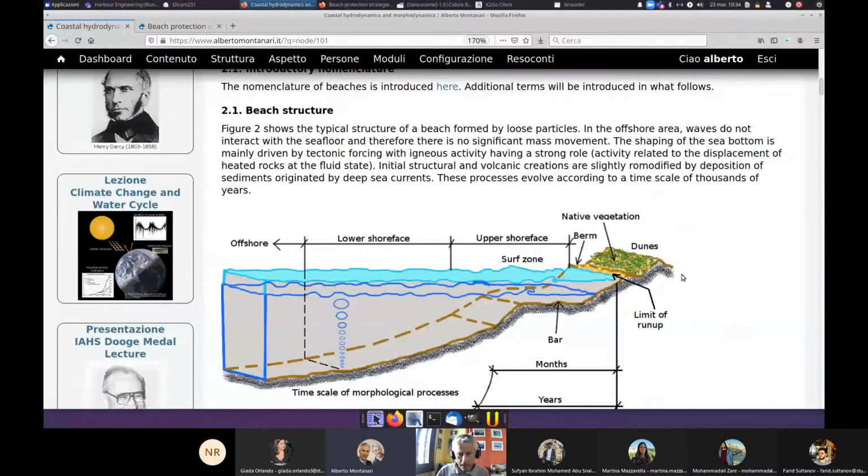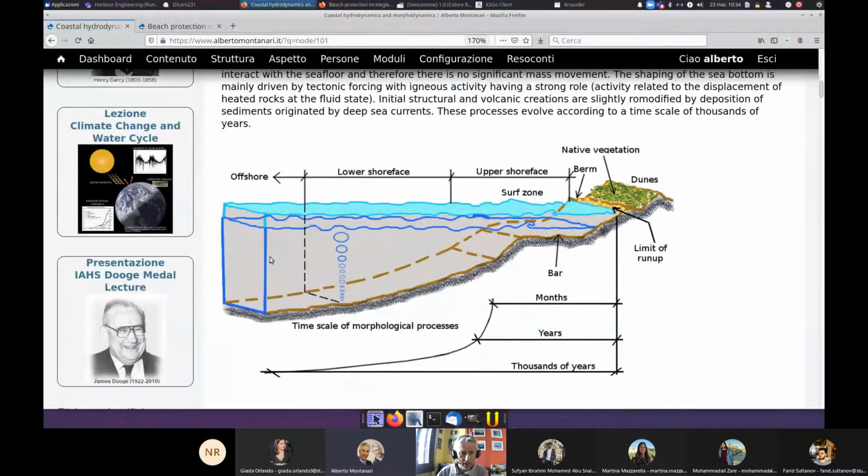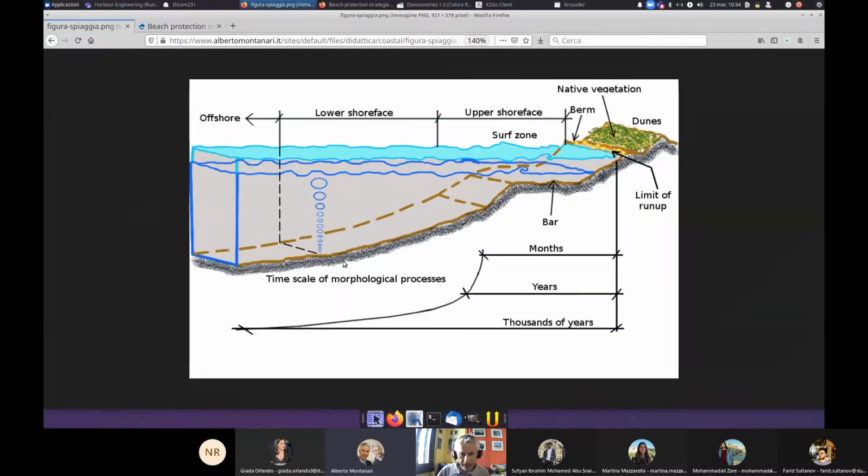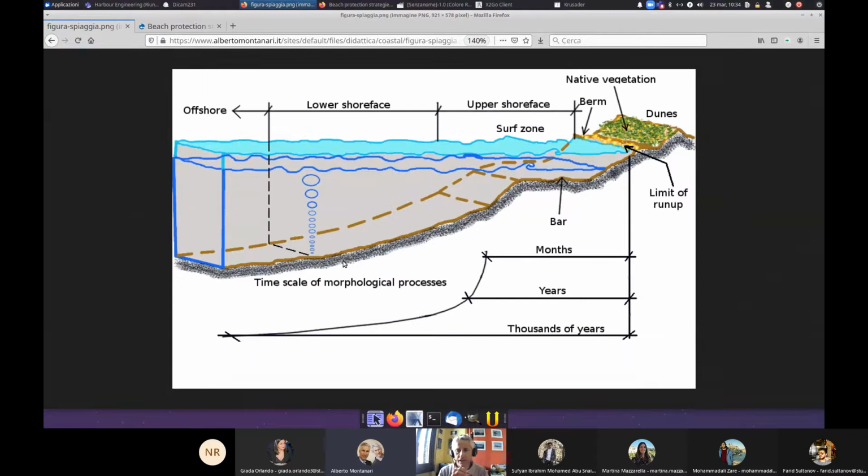Here we are. This is a sketch that I think I have shown to you last semester, where you can see a recap of the structure of the beach. The berm is an elevation of sand placed slightly above the limit of run-up. If you look at the zone after wave breaking, you know that waves break when approaching the beach.